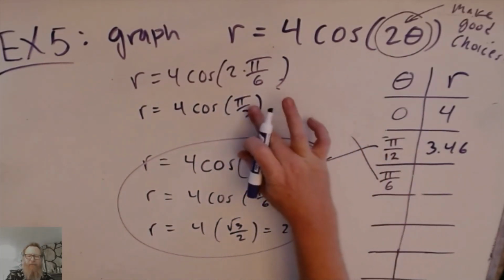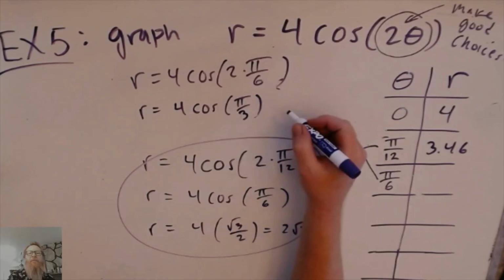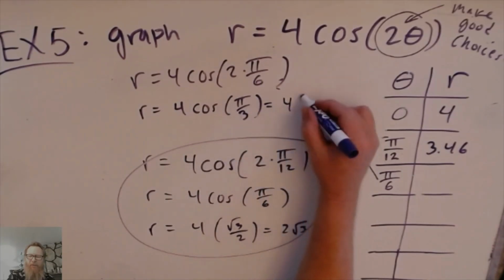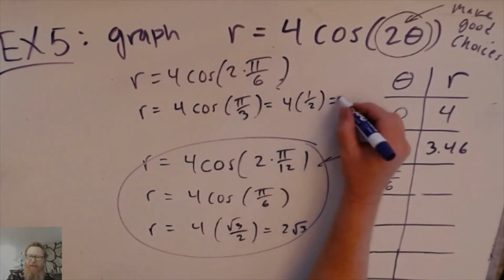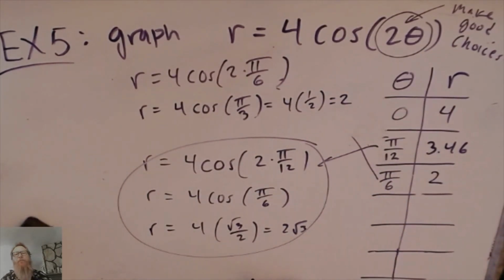You're multiplying it by 2. And you all know what cosine of pi over 3 is. It's 1/2, so that one's just going to become 2.